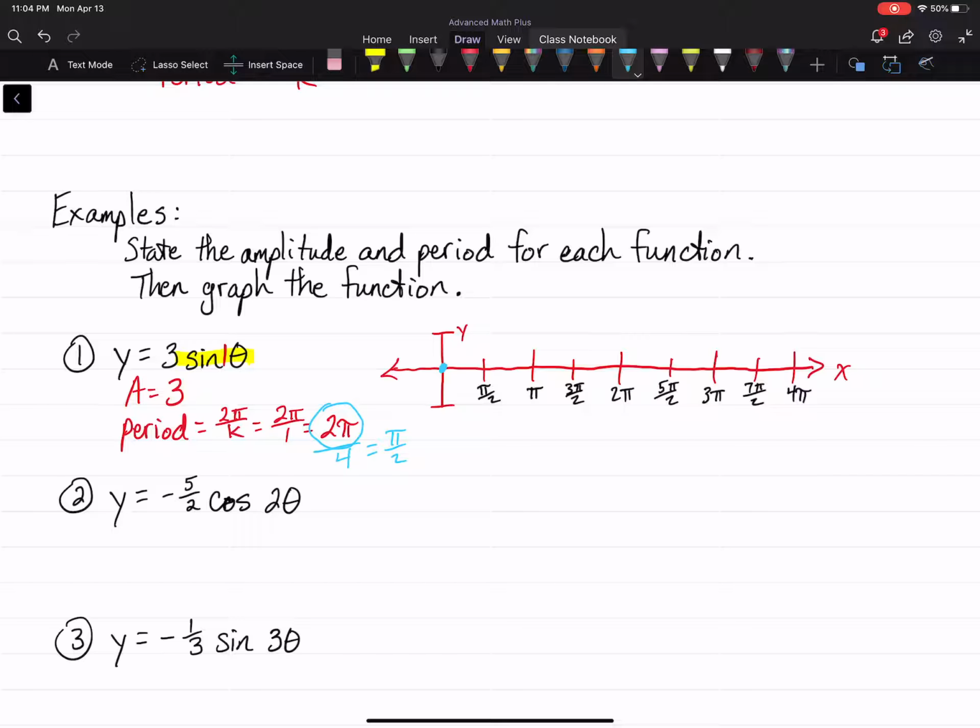Cosine will start up here at 1 or -1, depending on the equation. Oh, I forgot to label something on here. My amplitude is how high or low it goes, so this will be labeled 3 and -3. And that just means we're going up to 3 or down to -3, and that's as far as we're going to go.